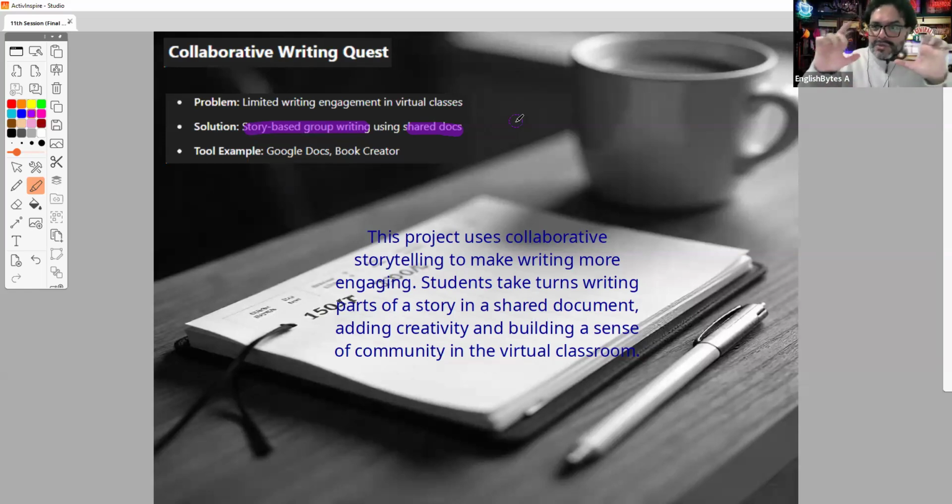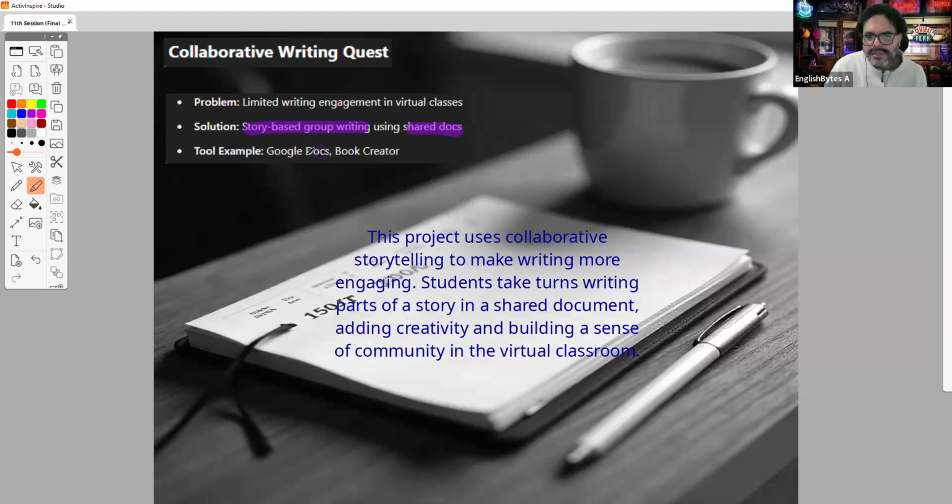You create a shared document. You know, it's online. Everyone has access to it. So now Hidai starts writing the first paragraph or the first sentence, depending on the level of your students. Then Jenny continues. Then Suheimi. Then Grecia. Then Maria Daniela. And there you go. Okay.